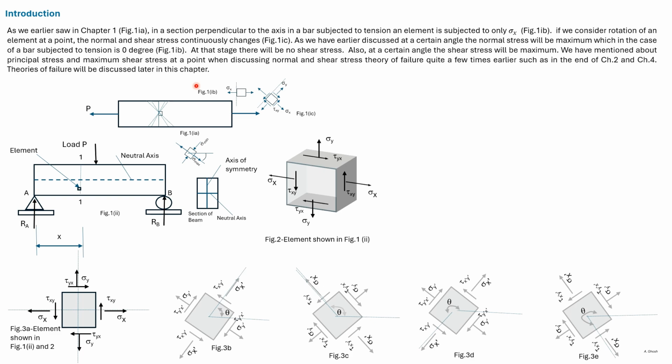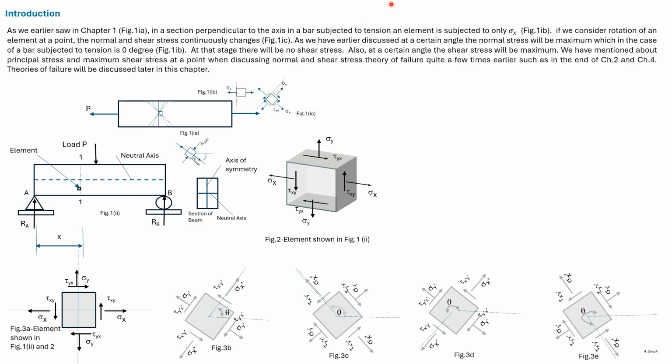In chapter 1, we then took inclined sections passing through the same point. If we consider the equilibrium of the left portion of the inclined section of the bar, then we can find the stresses on an element whose side is aligned with the inclined section.